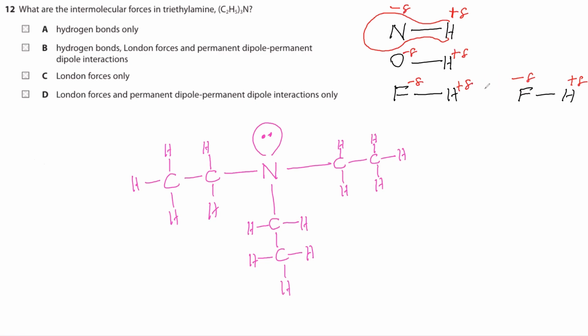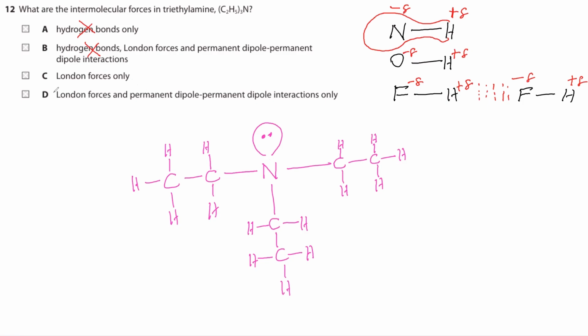This plus delta and minus delta attraction, they are the extreme version of plus and minus. This is what we call an intermolecular hydrogen bond. To have an intermolecular hydrogen bond, we need an NH, OH, or HF bond. We don't have an NH bond here. So therefore, this molecule cannot form intermolecular hydrogen bonds. So we'll remove the answers with hydrogen bonds. So that means I will end up with C or D answers. Now I have 2 answers, either C or D.